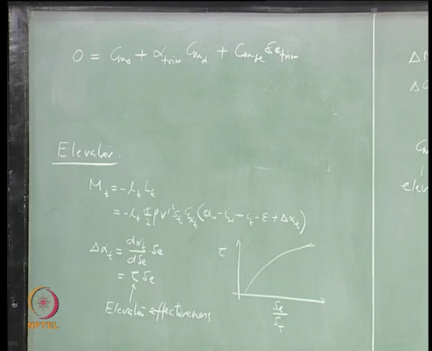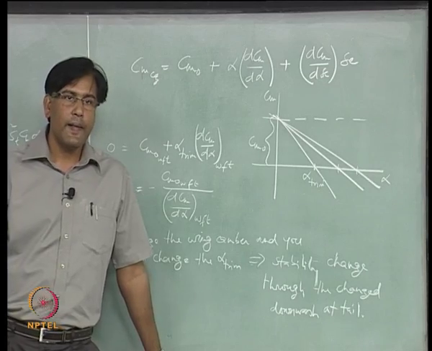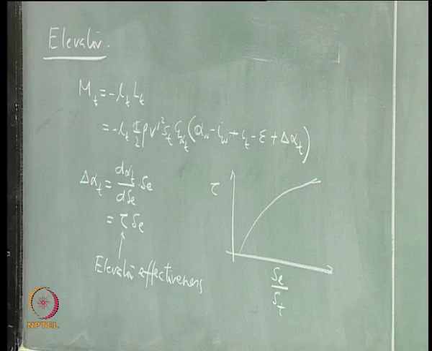But definitely it comes with other considerations, like the one probably is this Concorde, which used to fly earlier and it was taken off, right. There they used to change the CG to change the trim, but of course it was a supersonic aircraft. So, there would be some other issues there.